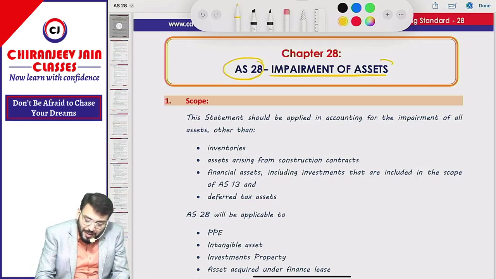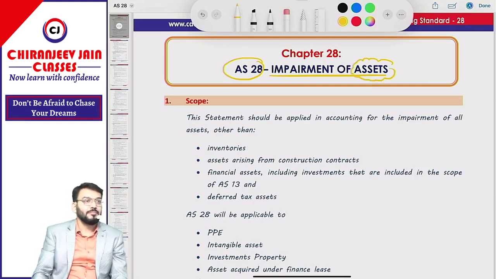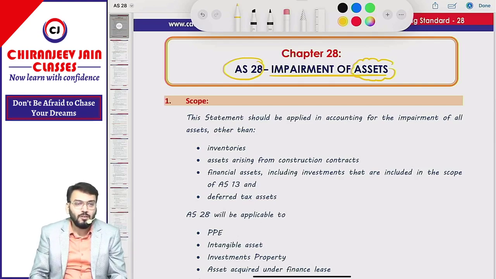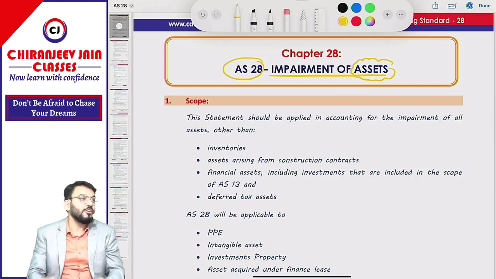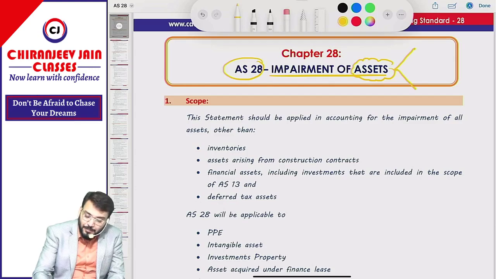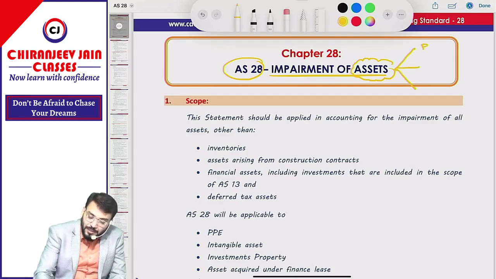Now, impairment of asset. When I say asset, asset means all assets. But AS28 covers only a few assets, not all assets. So which assets are covered? Property, plant and equipment will be covered.